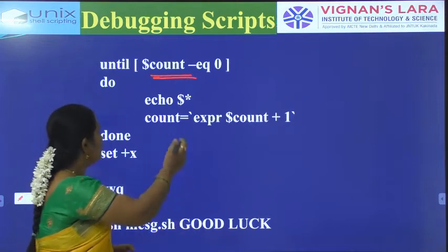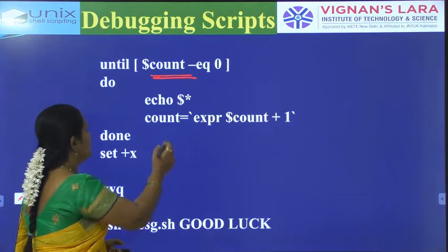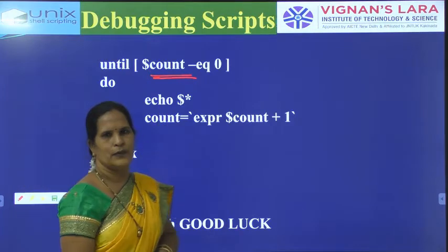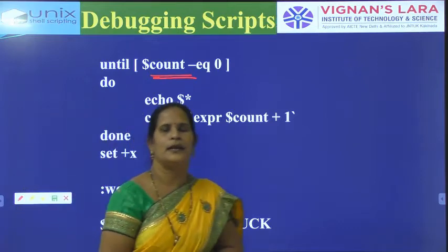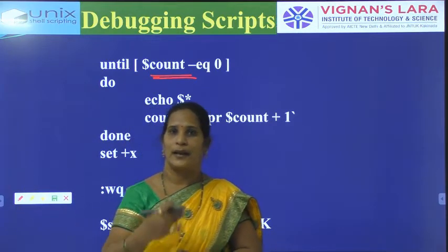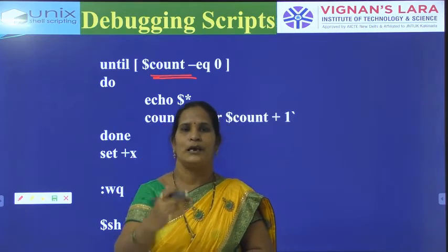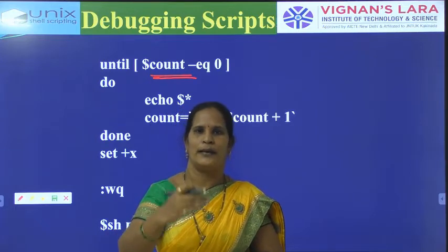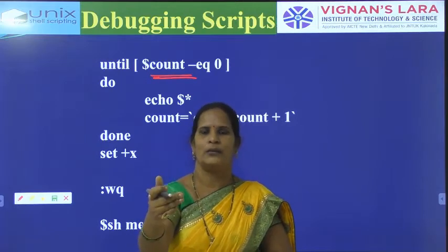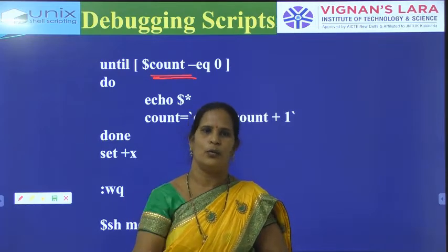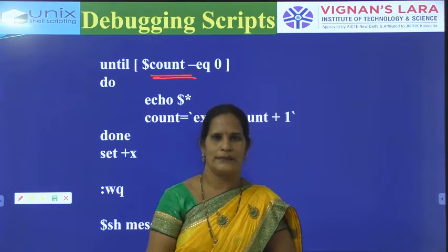Now I am going to check the value of the count variable. $count is equal to 0. What is the main logic of the until loop? If the conditional expression returns a false value, then only the set of statements specified between do and done are executed. If the conditional expression returns a true value, then there is no need of entering the loop, meaning the statements specified between do and done are not executed.